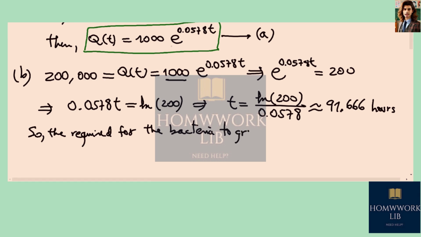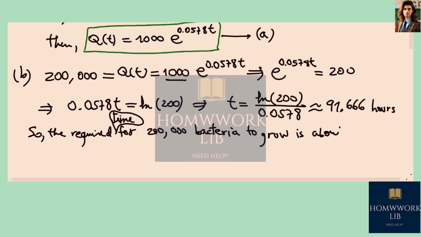For 200,000 bacteria to grow, the required time is about 3 days, because 24 times 3 is 72 hours. It's not 4 because 24 times 4 is 96, which is greater than that.